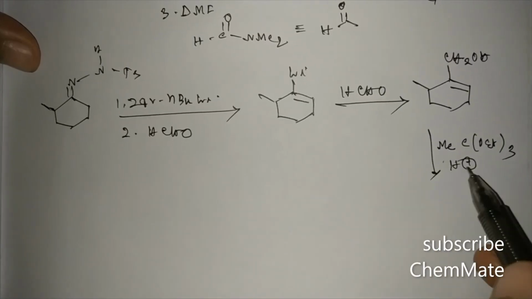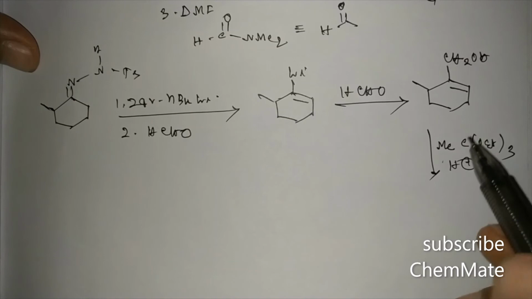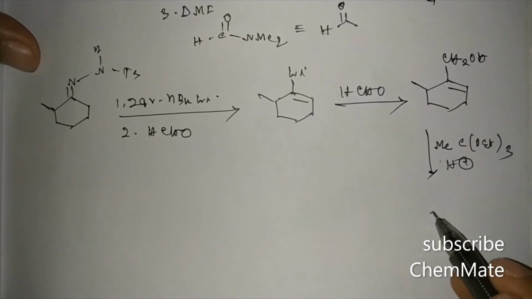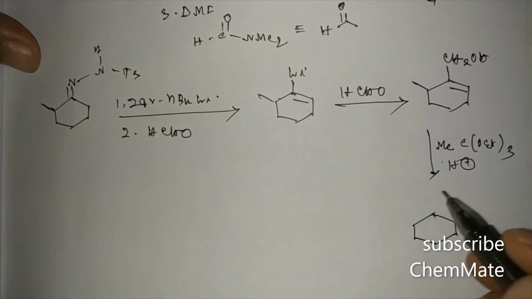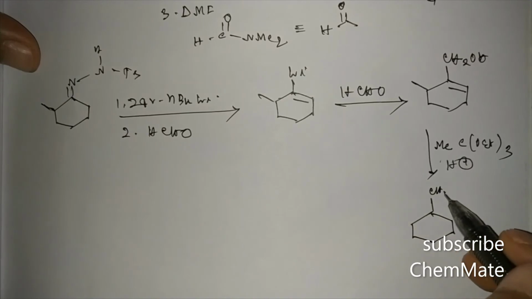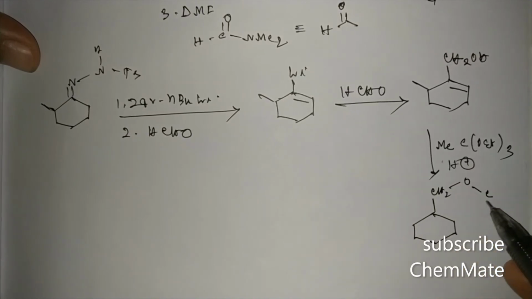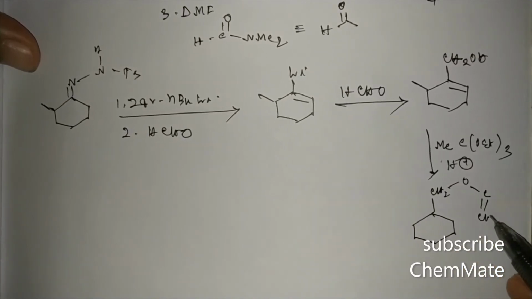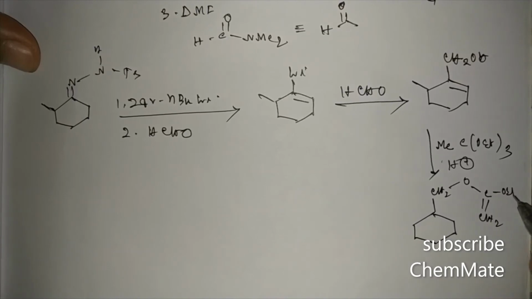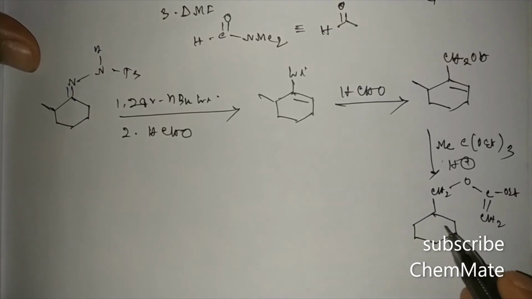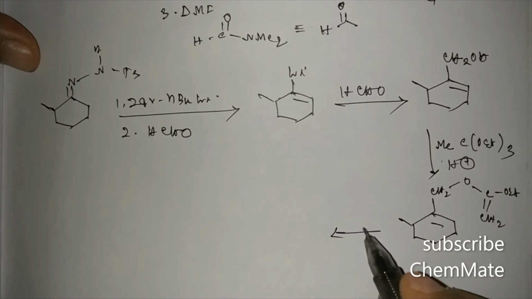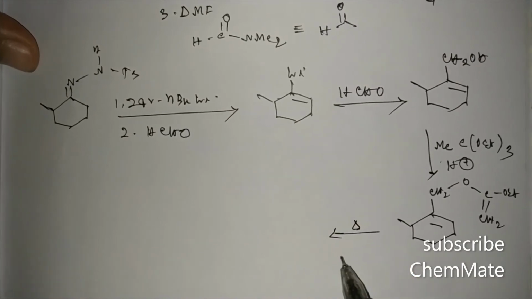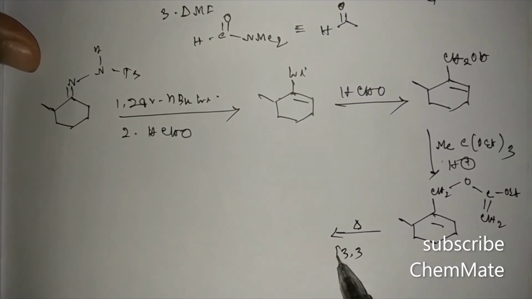If this is treated with ethyl orthoacetate, then this will be converted into this, and after that, if it is heated, then a 3,3 sigmatropic rearrangement will take place.